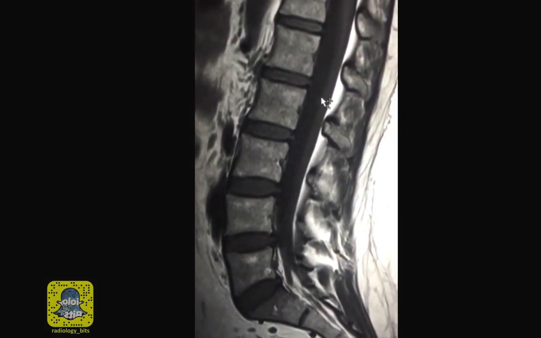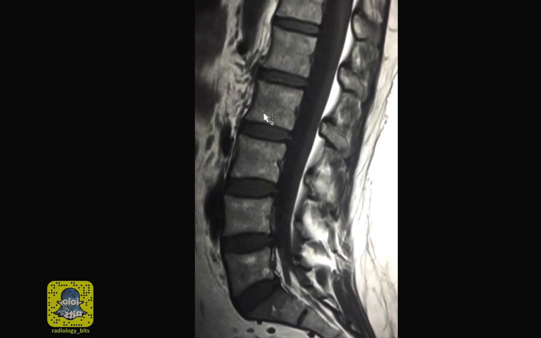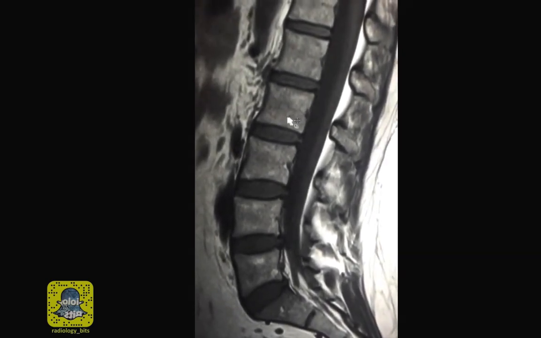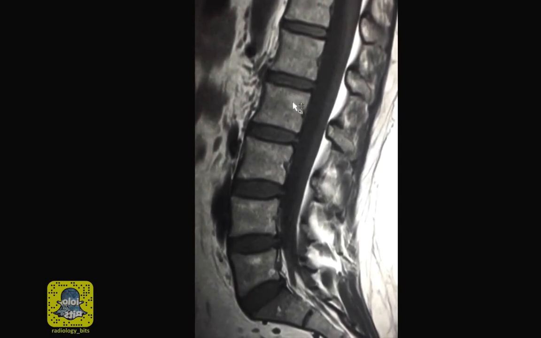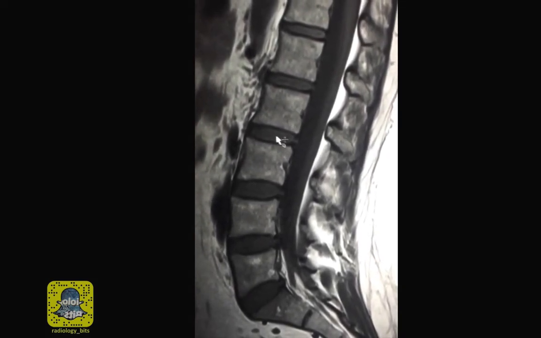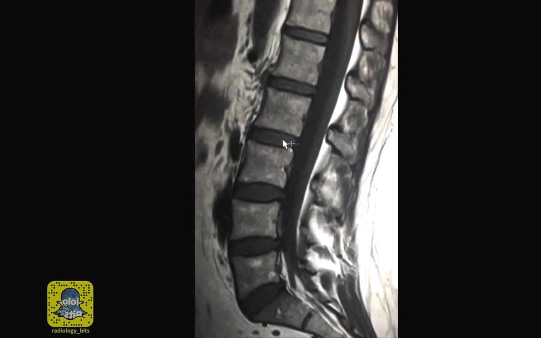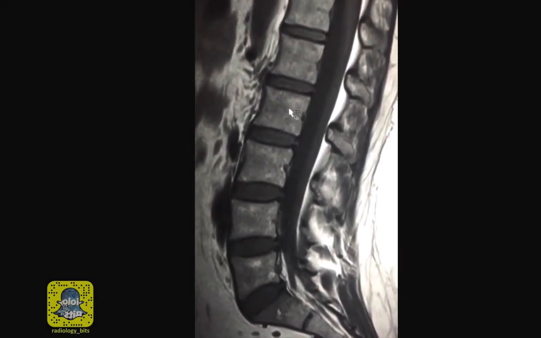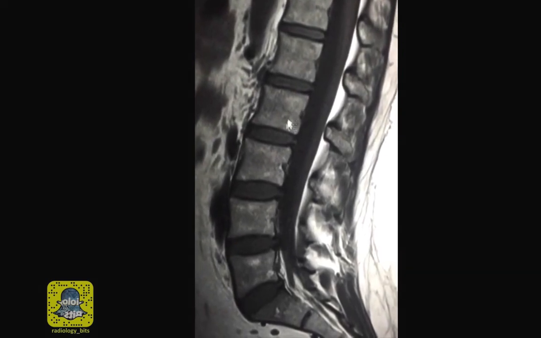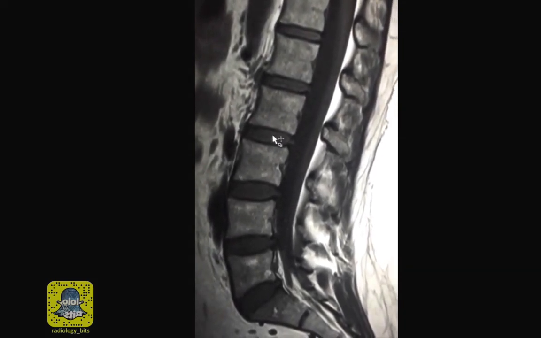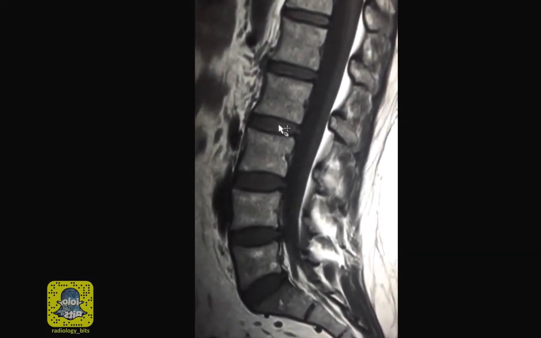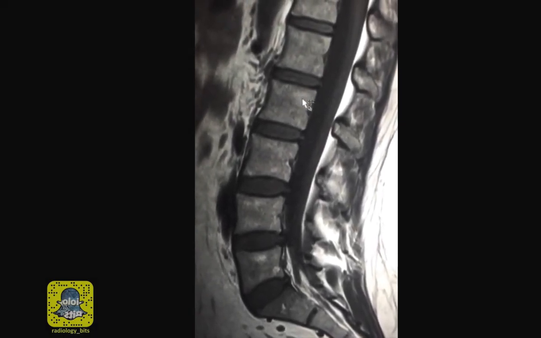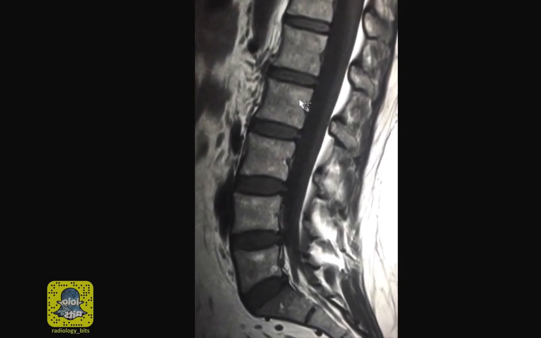Now, the general rule that we were talking about is that an adult should have more yellow marrow, which is brighter on T1 than the adjacent intervertebral disc. So in adults, if you see homogeneous or heterogeneous infiltration of the marrow by darkness that is similar or more than the disc, that is not normal and denotes either physiologic or pathologic replacement of the yellow marrow by other abnormal processes.